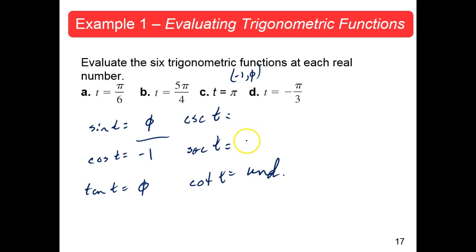I was just giving it away. What is it? Did someone say it? I thought I heard someone say it. Negative 1. Perfect. Okay, I thought that's what I heard, but I wasn't sure. And what's cosecant of pi? Undefined. Perfect. Now, here is one of those rare cases where cosine of t is minus 1, and secant t is minus 1.